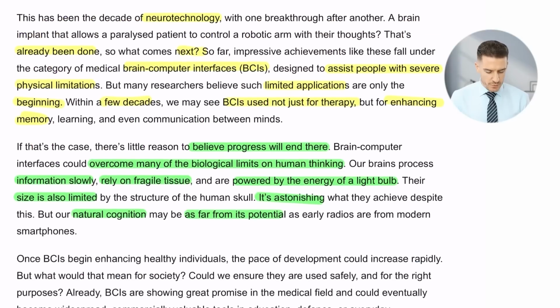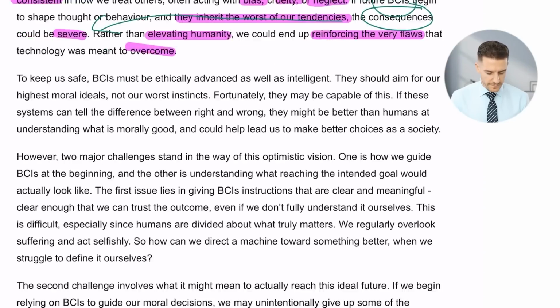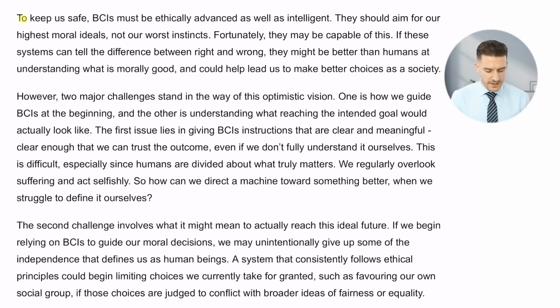So just double check. 1, 2, 3, 4, 5. So here it is here. To keep us safe, I remember something about safe. BCIs must be ethically advanced as well as intelligent. They should aim for our highest moral ideals, not our worst instincts.